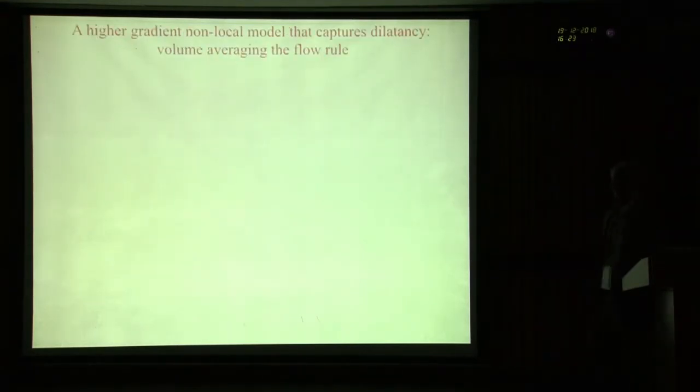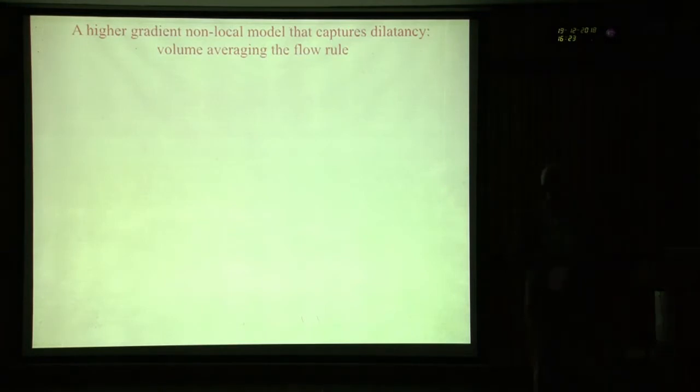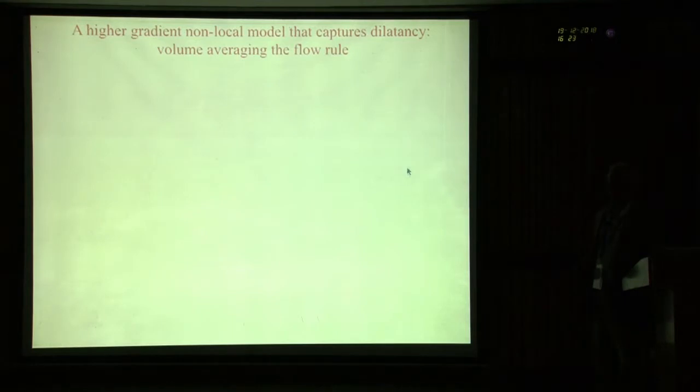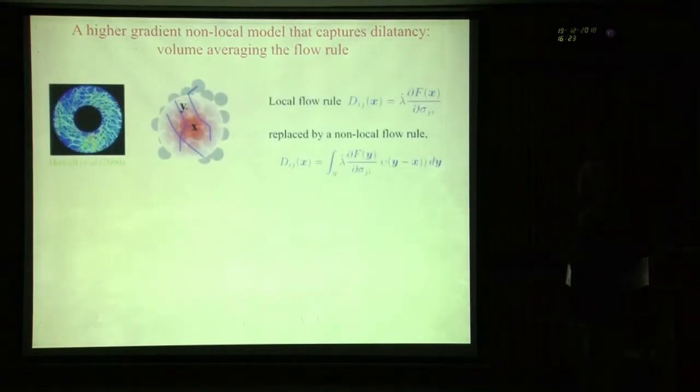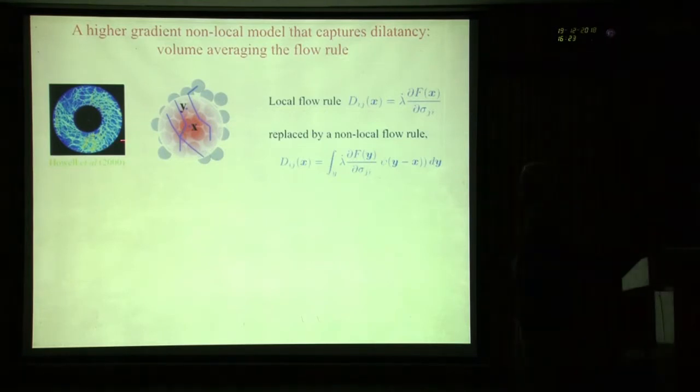Now I come to my higher gradient theory that captures dilatancy. Hopefully, I would have convinced you by now that this is something that we need to worry about. We should try to capture dilatancy even at constant pressure. And the way we went about it is to think about what really happens in a collection of grains when they are densely packed.